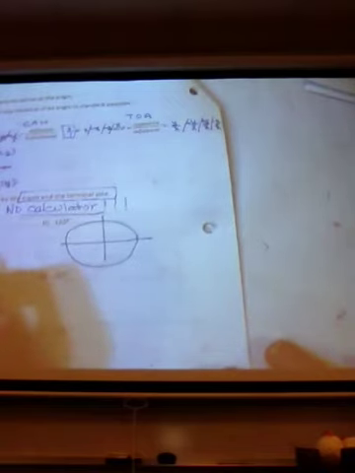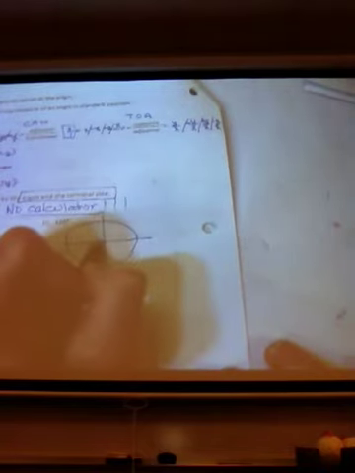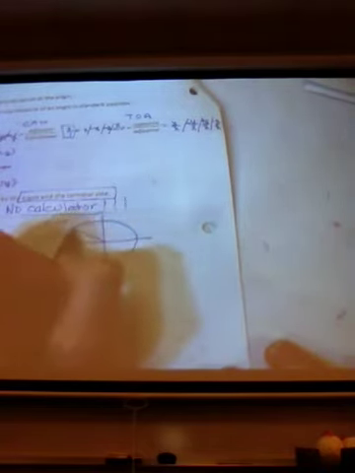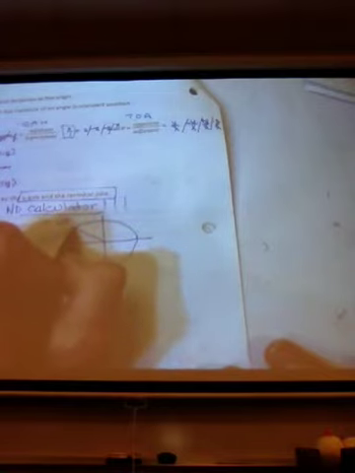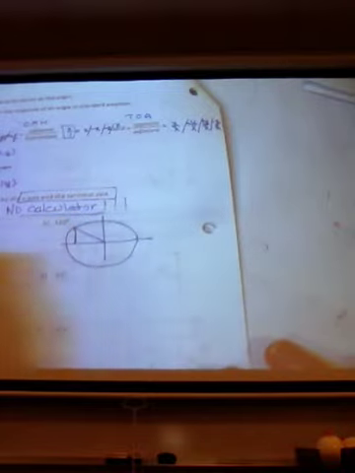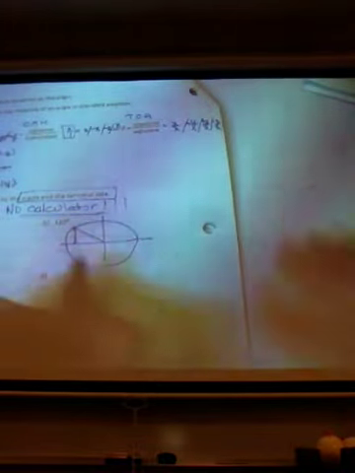Okay, so 120, if I draw my circle, where is it going to land? In the second. How am I going to draw my right triangle? Where am I going to draw it down to? Always to the x. Now remember, class, my reference angle, this is where it's tricky.